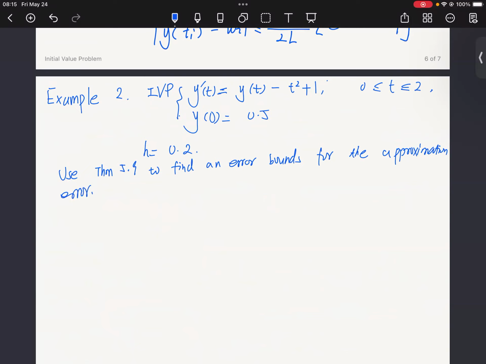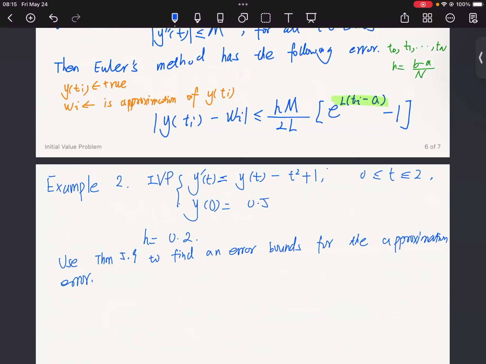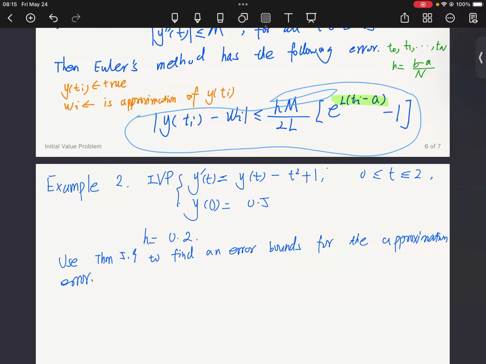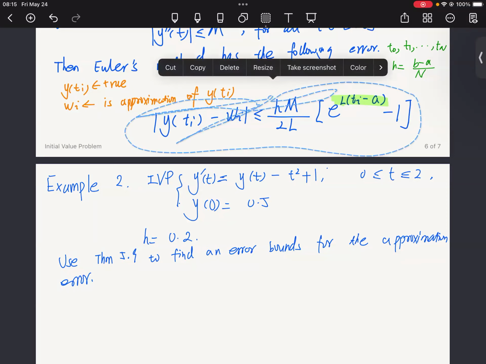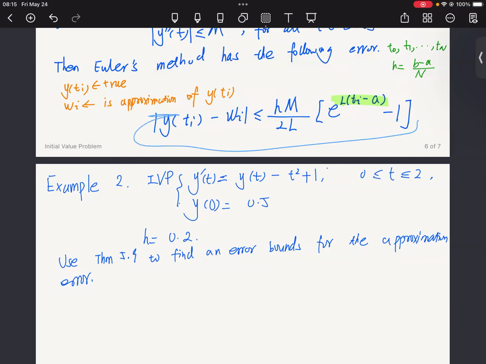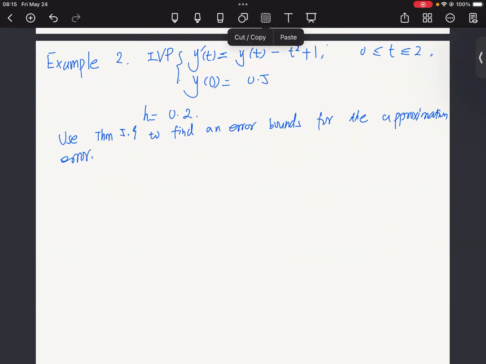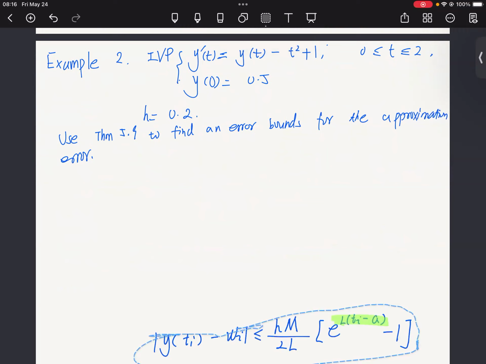Let's copy everything from the theorem. If you are doing homework, or if you are doing the final exam, you can look at your lecture notes and find this formula. But your final exam would not be so easy. It could be very difficult.